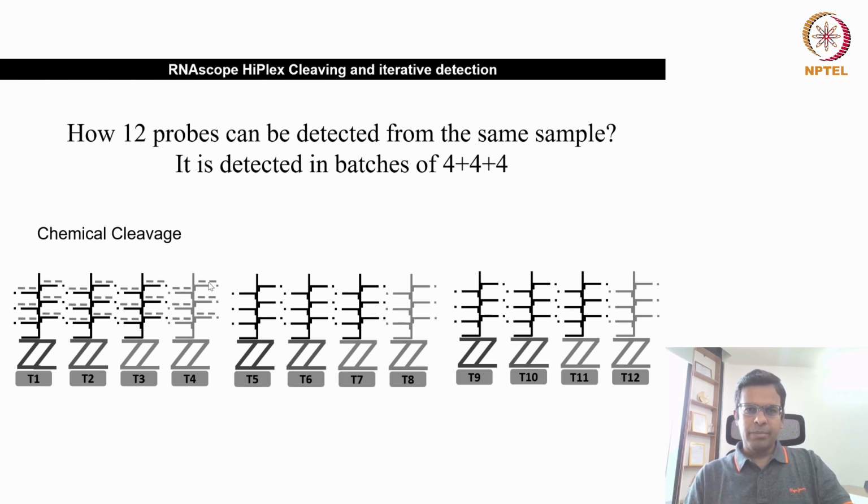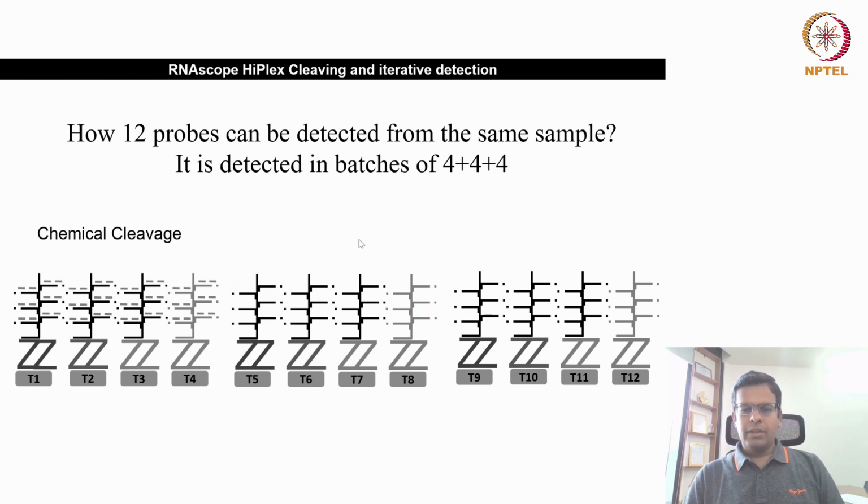Then you image this sample, then wash it off so that these 4 fluorescent dyes are washed off. Again you add another fluorescent probe specific for this amplifier for 4 different colors, and then you image the sample again. Then again you wash off. Again you use another set of 4 fluorescent dyes which are specific for these amplifiers. So that way, in batches of 4 plus 4 plus 4, maximum you can go for 12 different mRNA detection in the same tissue sample.